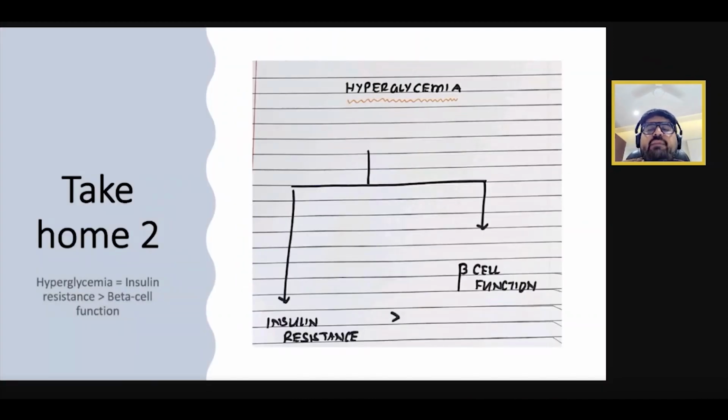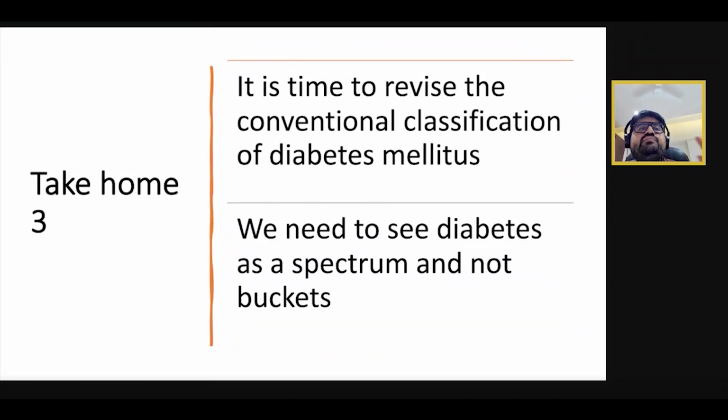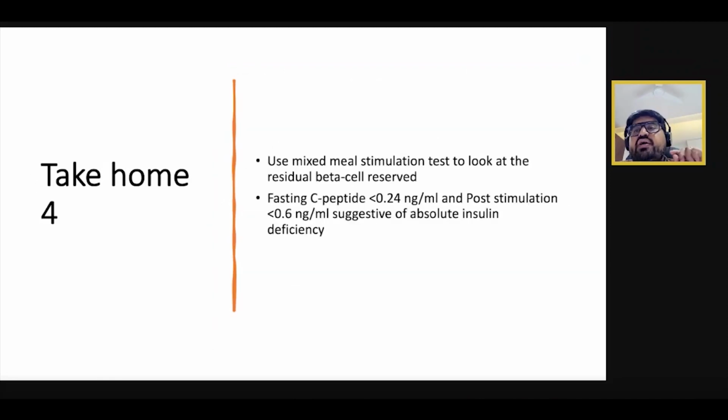Second, hyperglycemia develops when you have insulin resistance more than beta cell dysfunction. Now, this could mean either insulin resistance is higher or beta cell dysfunction is lower, or you have both. Third, it is time to revise the conventional classification of diabetes and to see diabetes in clinical practice as a spectrum and not airtight pockets.